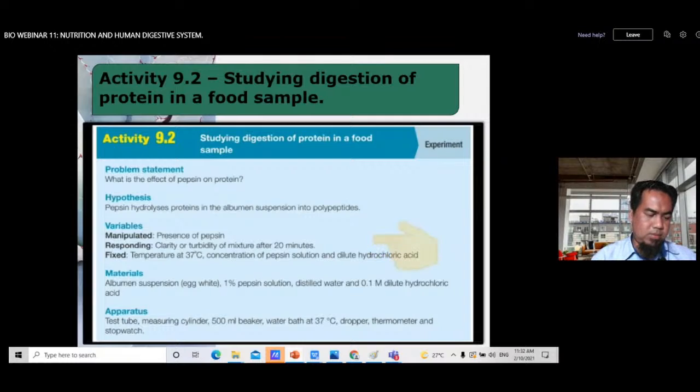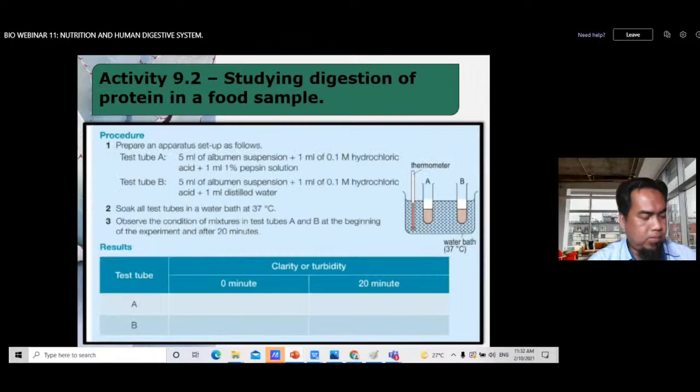Again, be reminded that before you run the experiment, make sure that the materials and apparatus needed are sufficient. You need to run this experiment step by step. Let's watch how this experiment was conducted by teacher Wan Nurul Izzati.